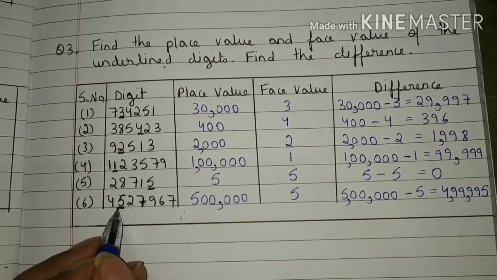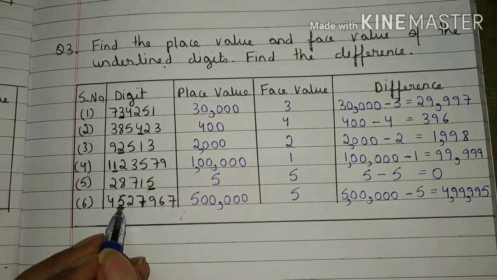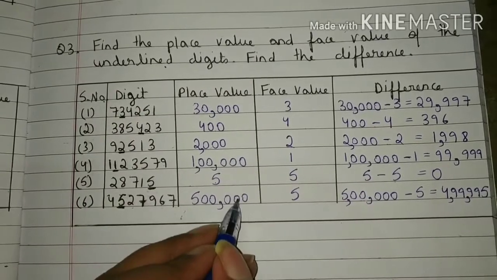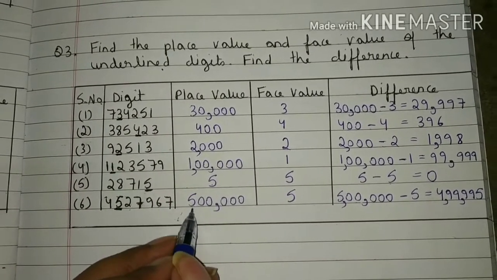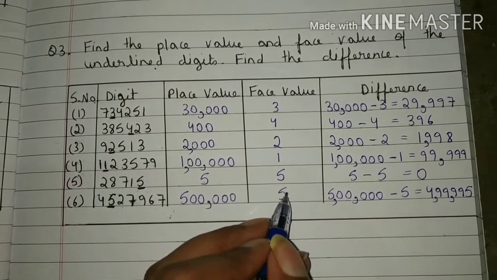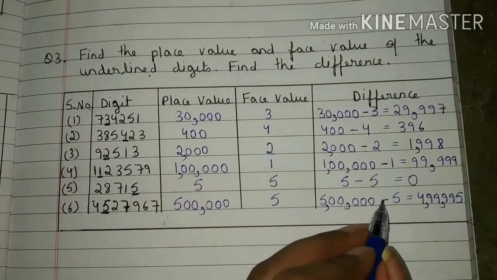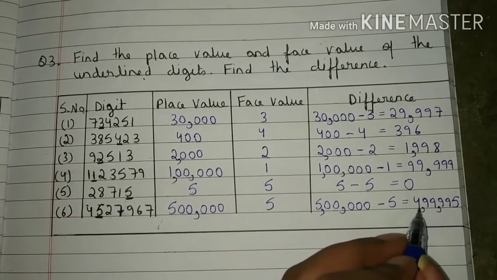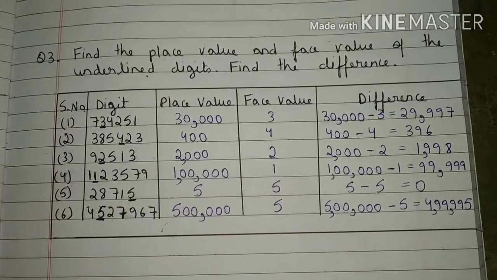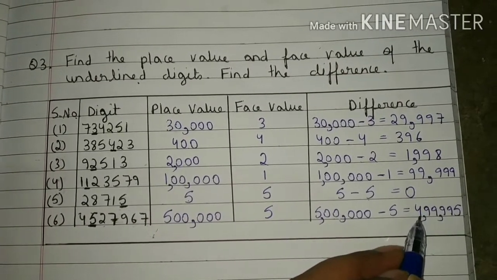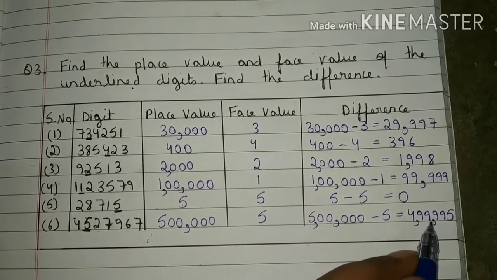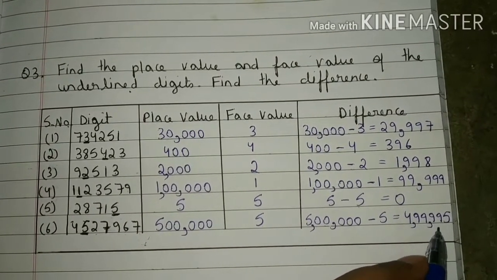So place value of 5 is 5 into 1 lakh is 5 lakh. Place value of 5 is 5 lakh. Face value of 5 is 5. Difference is 5 lakh minus 5 is 4,99,995.